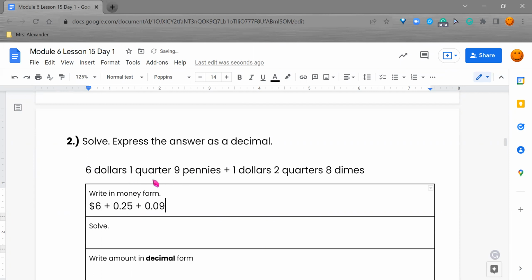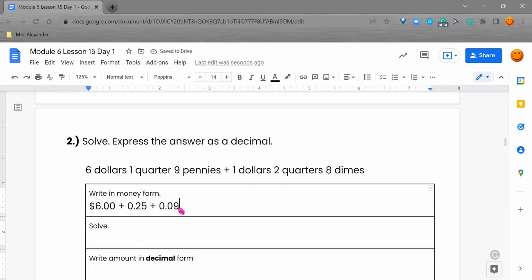So right now, you guys, I'm just writing out what I'm reading. So I know that this is 9 pennies. And I know 9 times 1 is 9, and 1 times 25 is 25, and $6 is $6. So $6 can also be written with the 2 zeros.